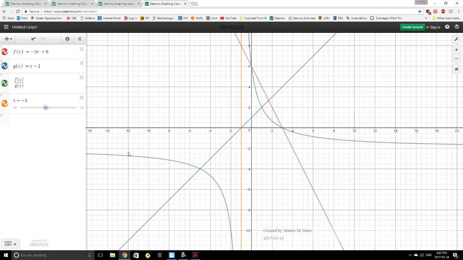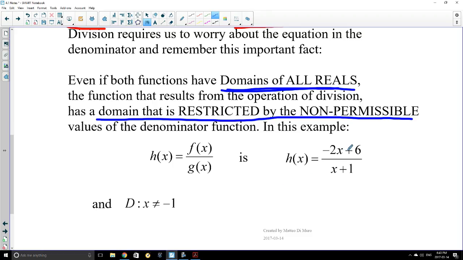So again, if we go back to our original graph, because the degree is the same for both, we're expecting a horizontal asymptote at, and I'm just waiting here, giving you time to think. We do the leading coefficient in the numerator divided by the leading coefficient in the denominator.